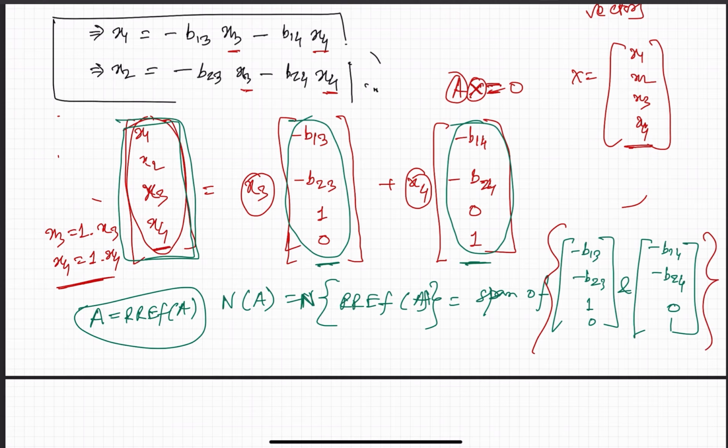Because, as we can see, all the solutions of x are linear combinations of these two vectors.